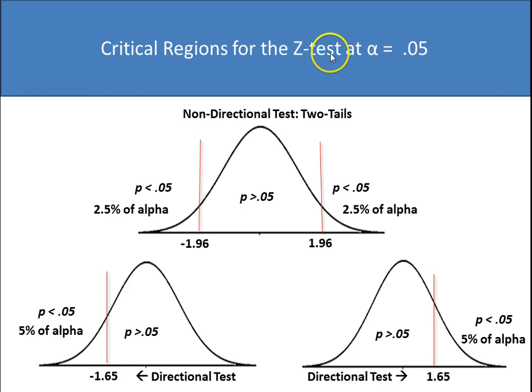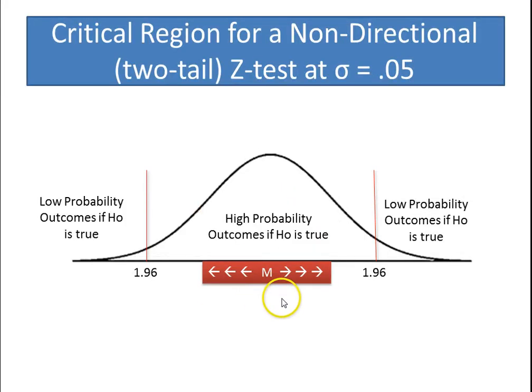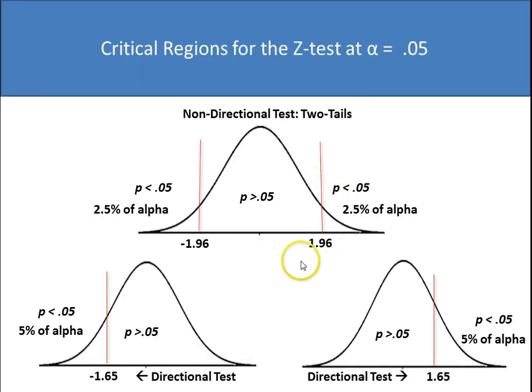When you are conducting the z-hypothesis test, the critical regions will always be as they are noted on this slide. At alpha 0.05, if we were running a non-directional, two-tail z-test, then our critical region would always be set as you see here.